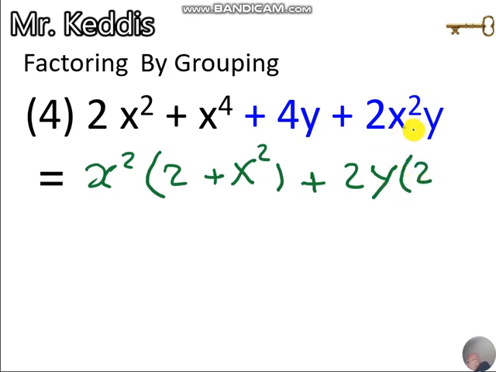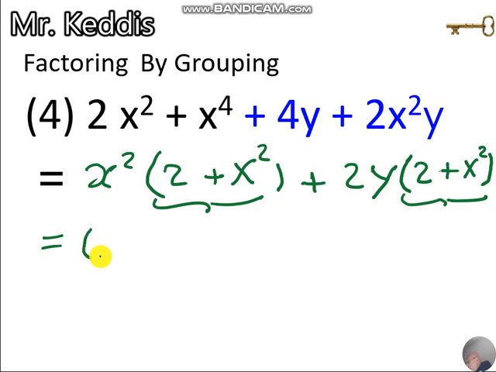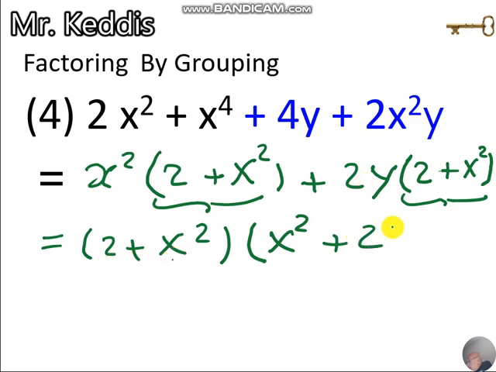You get 2x squared plus... 2 plus x squared is a common factor. If you multiply by x squared, you get the first term. If you multiply 2 plus x squared times 2y, you get the second term.